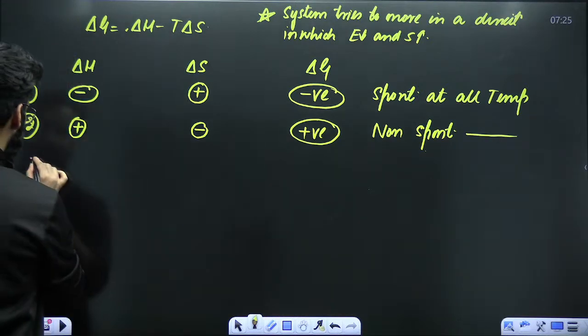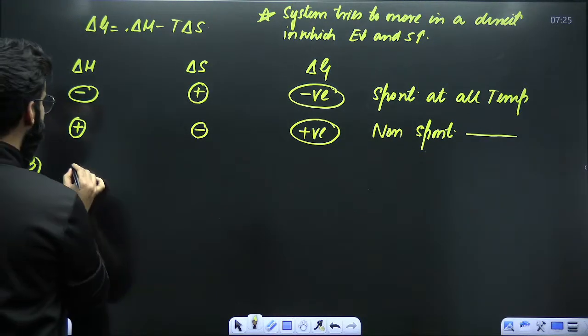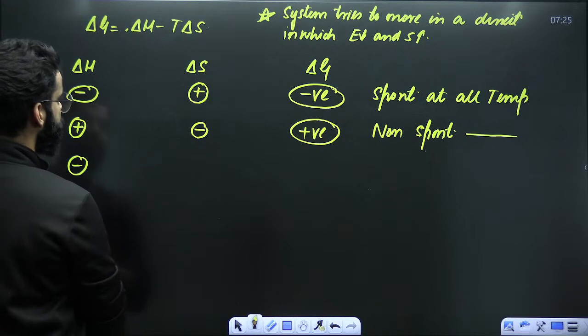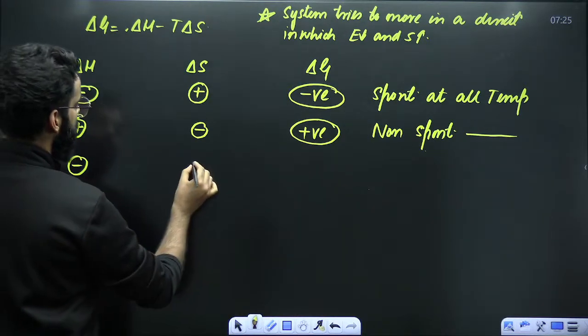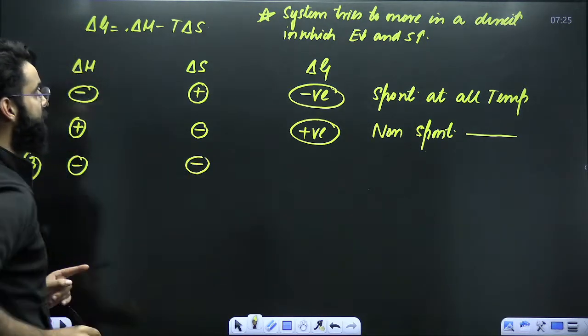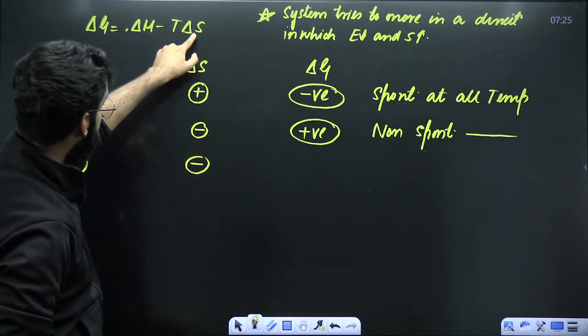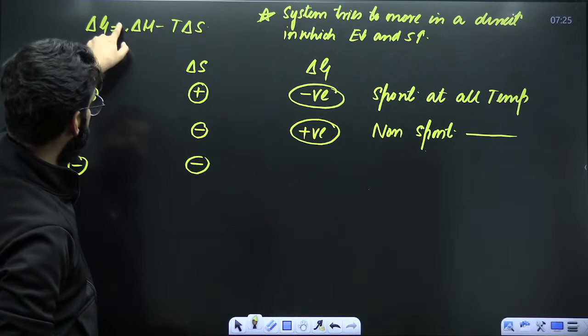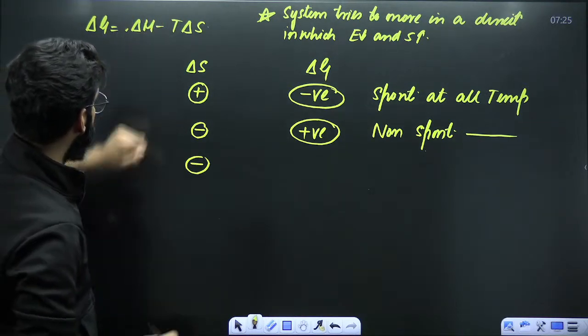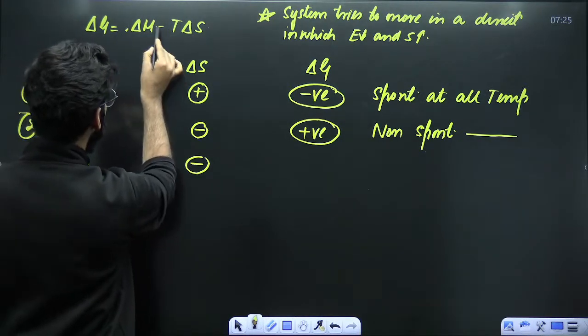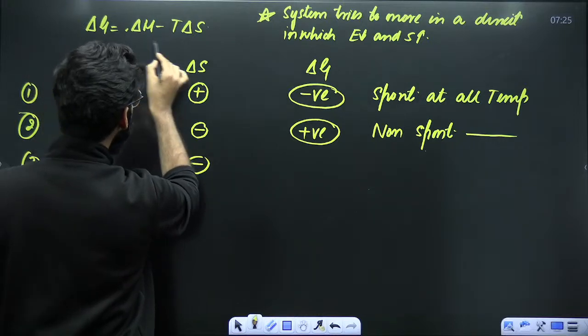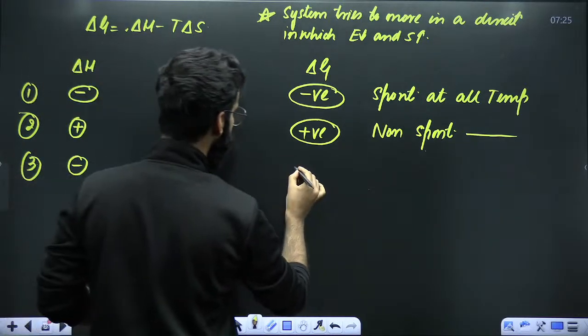Now guys, third case. If delta H is negative and delta S is also negative, then in the middle you have got positive. This term is negative, and in the middle it's coming out to be positive. So when can the overall delta G be negative?